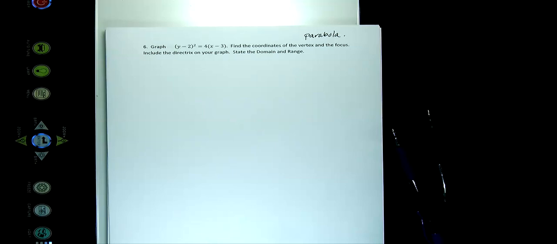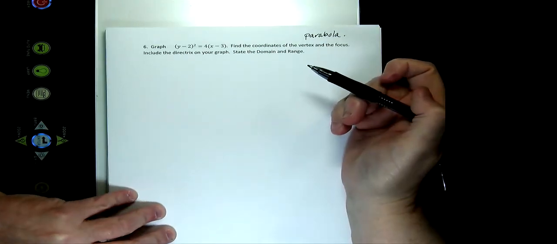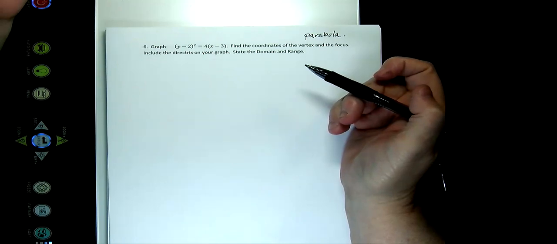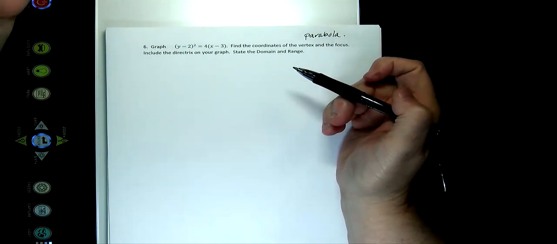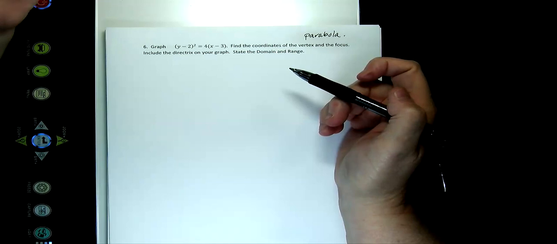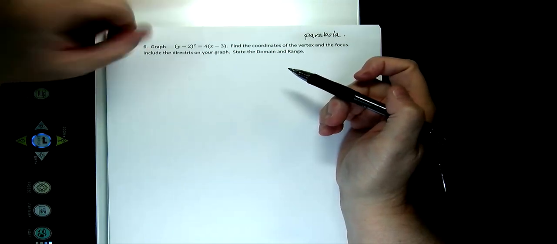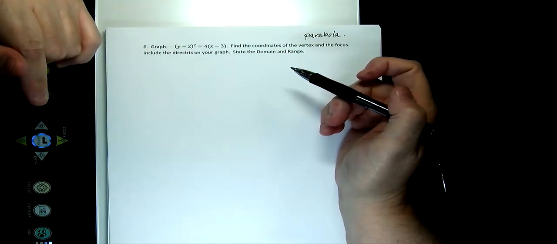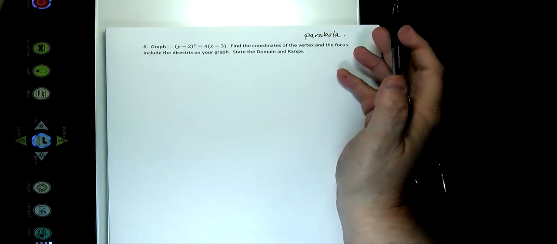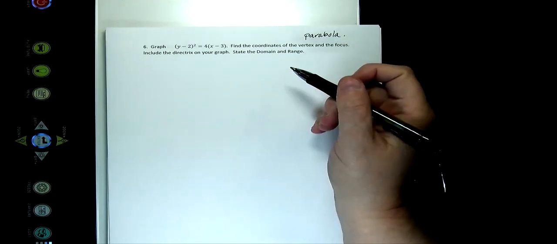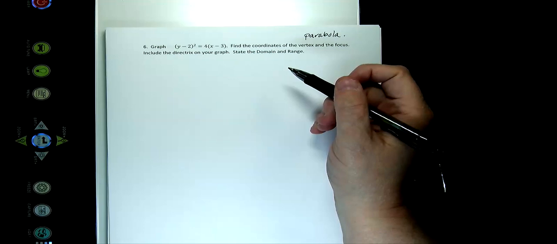Excellent. Okay, well, first off, is it a parabola going left and right, or is it going up or down? Easiest way to remember is, go ahead, see what you got. You think it's going up?